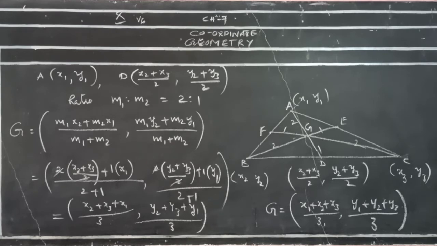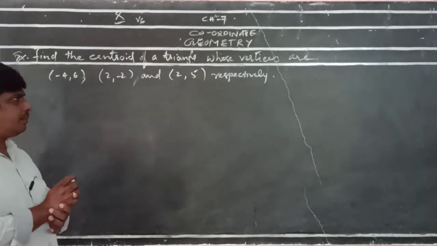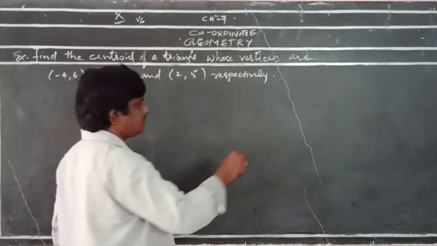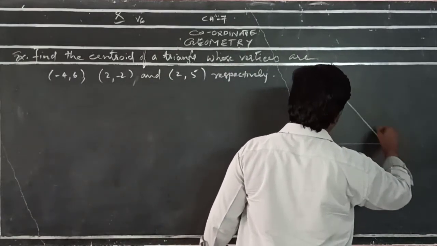Centroid is nothing but the point of concurrence of the medians of a triangle. Let us take one example. Find the centroid of a triangle whose vertices are the ordered pairs (-4, 6), (2, -2), and (2, 5) respectively. So how do we find the centroid of the triangle when the vertices are given?